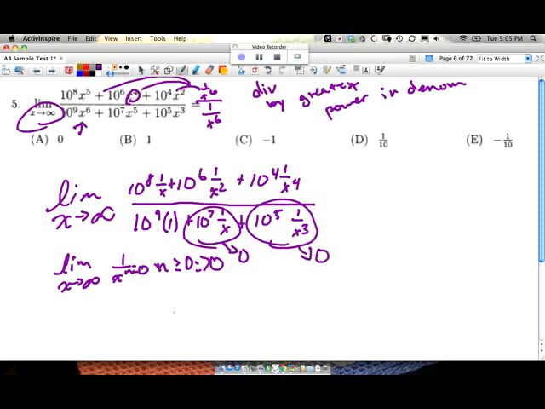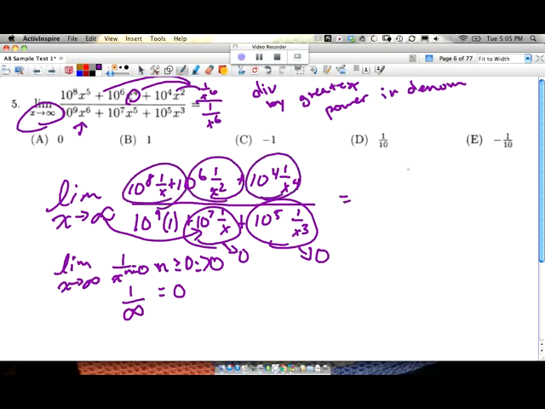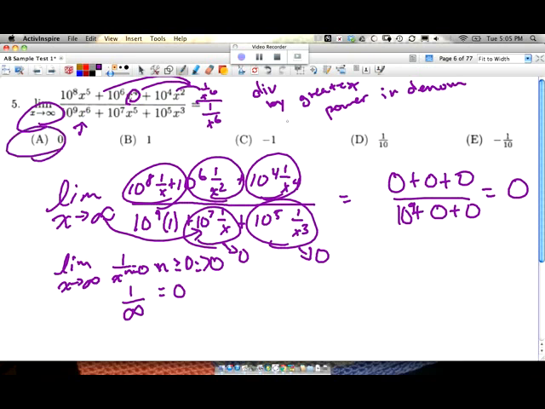Because they have an x in the denominator, and 1 over infinity equals 0. When you plug infinity into a denominator, those pieces go to 0. So does this, so does this, so does this. So that gives me 0 plus 0 plus 0 over 10 to the 9th plus 0 plus 0, which just equals 0. Booyah! Number 6.